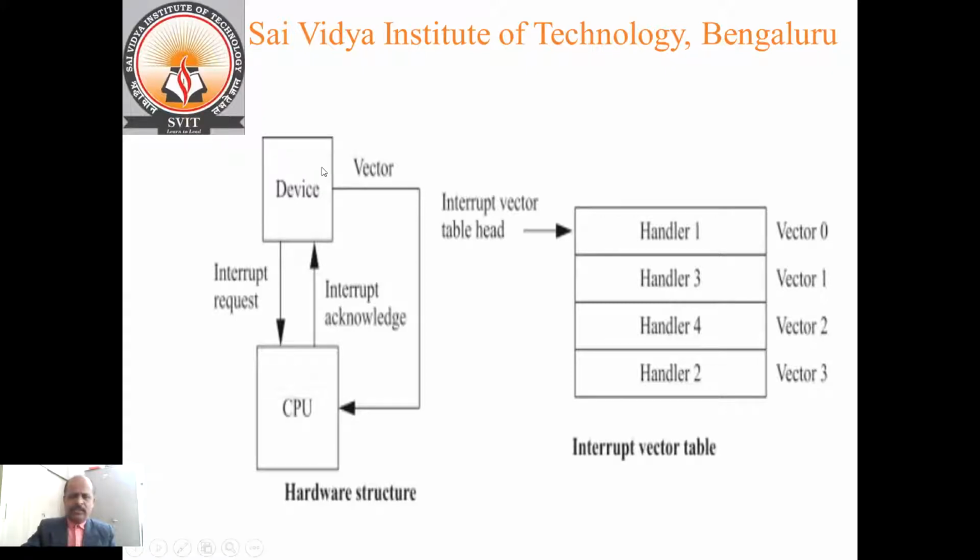So this is the hardware structure for the interrupt. Any device in need of CPU service sends a request to the CPU. Immediately the CPU acknowledges the interrupting device through the acknowledgement signal, and it starts executing the ISR by going to the particular vector table.